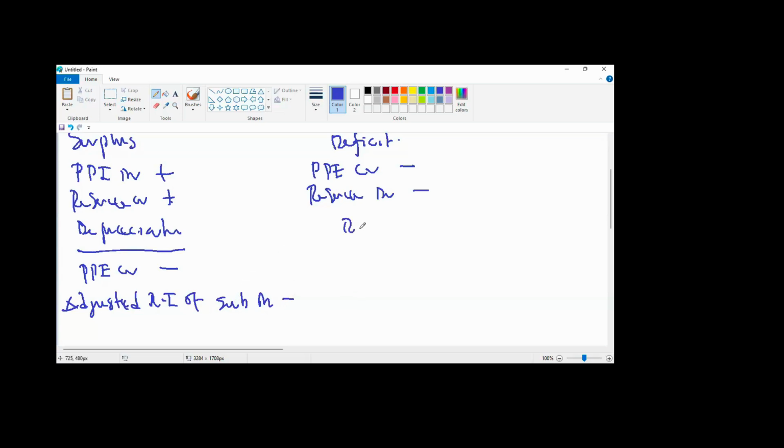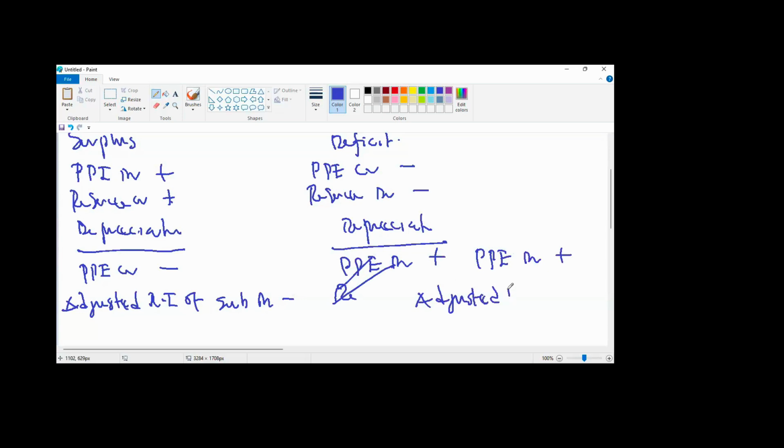But if it is deficit, PPE debit, reserves, yes, PPE debit, then adjusted earnings of subsidiary credit. That's all.